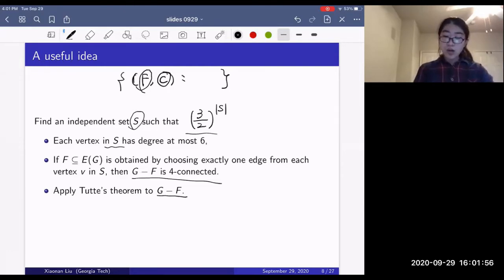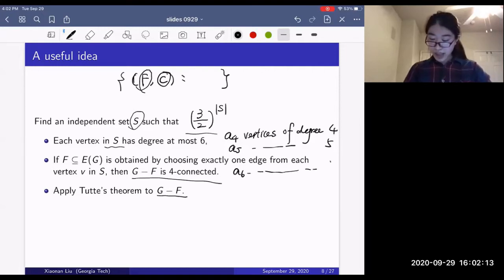Okay, so now if we denote, there are A4 vertices of degree 4, A5 vertices of degree 5, and A6 vertices of degree 6. Now first for F, how many choices of F can we have?